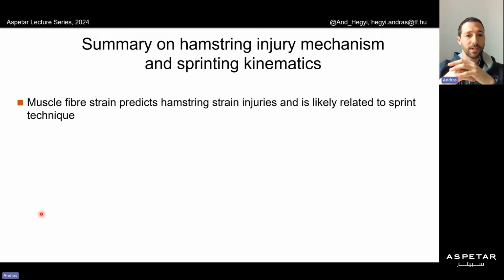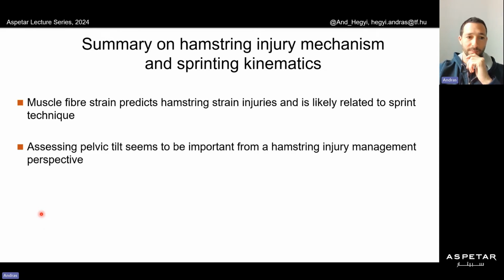So it seems that muscle fiber strain predicts hamstring strain injuries, and it's likely related to sprint technique. Assessing pelvic tilt seems to be important from a hamstring injury management perspective, but maybe kickback score is not the best. So don't rely on thigh angle.